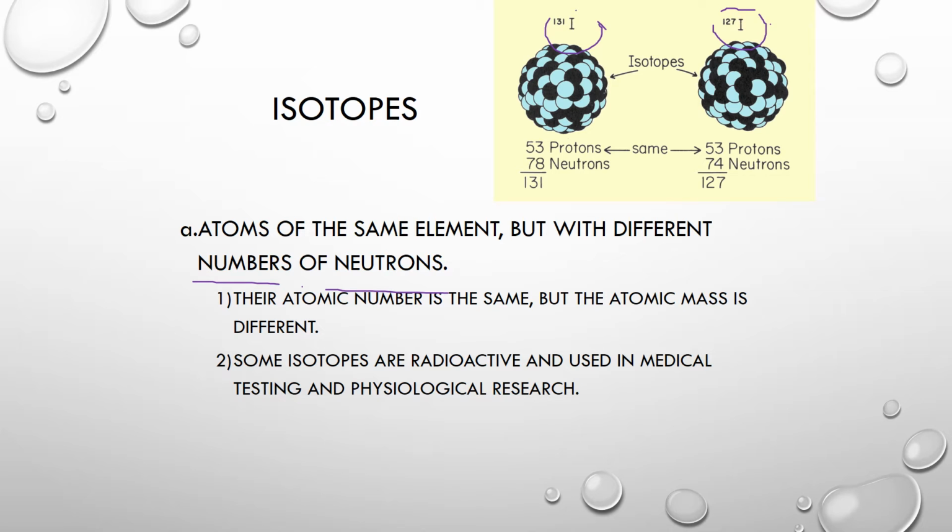What we have here is that the atomic number is the same but the mass is different. So the number of protons stays the same among isotopes. The thing that changes is the number of neutrons, okay? So iodine 127 is our normal iodine, and our isotope would be this one where we have 78 neutrons instead of 74, okay?